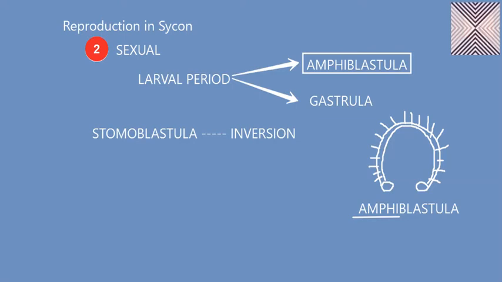Now this stage is present in the mesoglea of the sponge. Up till now, the development was in the mesoglea of the sponge. But now this amphiblastula, because it has flagellae towards the outside, comes out of the sponge.